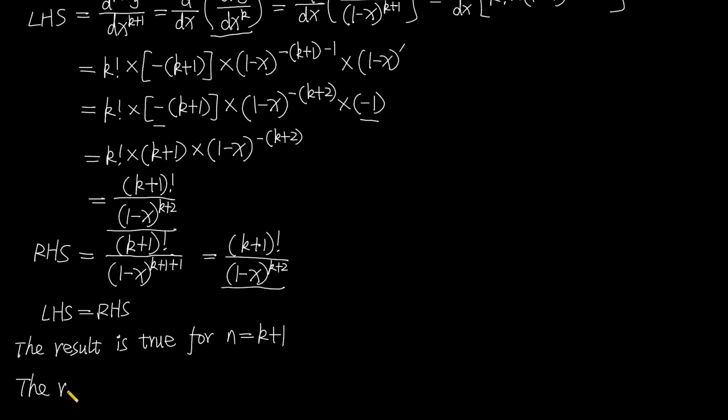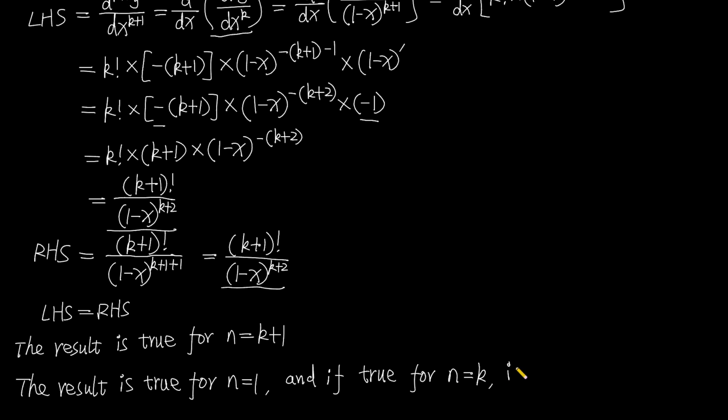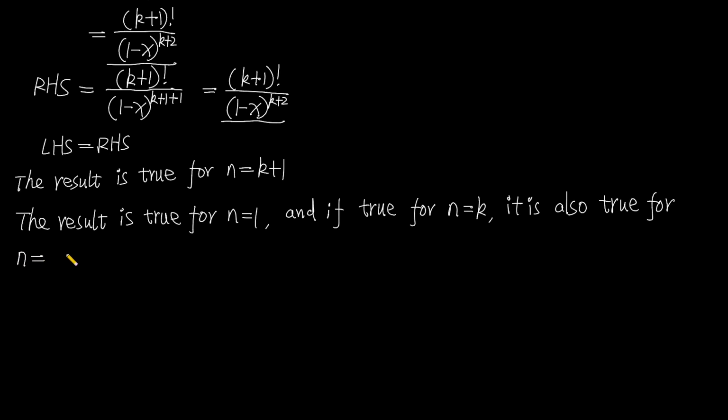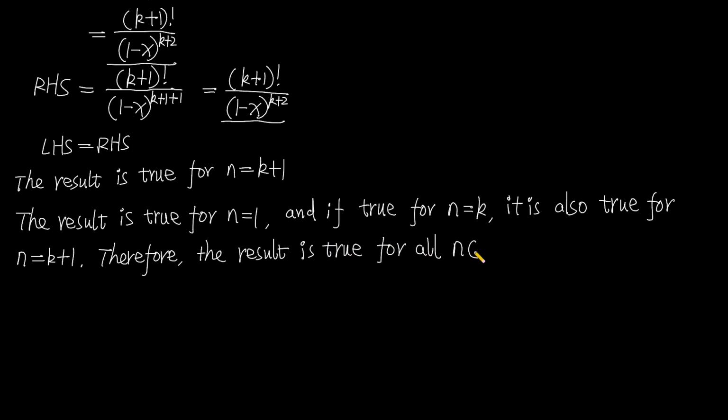The result is true for n equals 1, and if true for n equals k, it is also true for n equals k plus 1. Therefore, the result is true for all n belonging to the positive integers by the principle of mathematical induction.